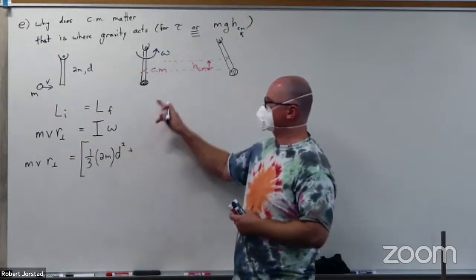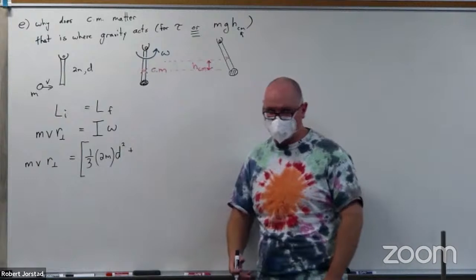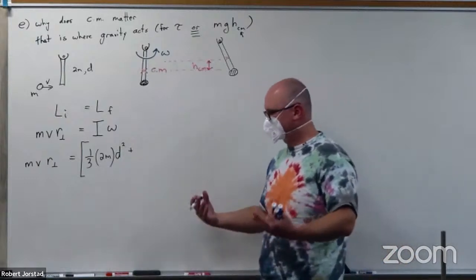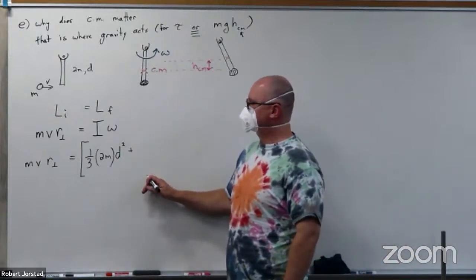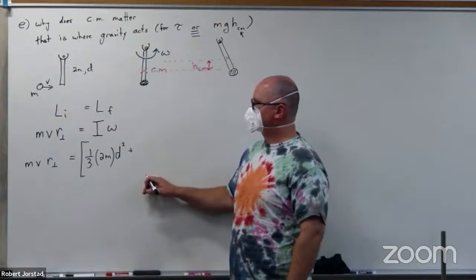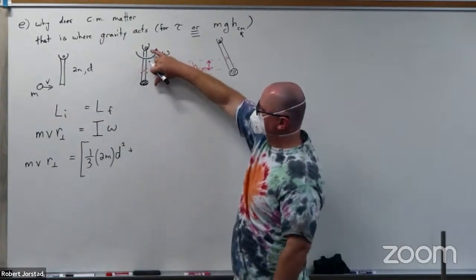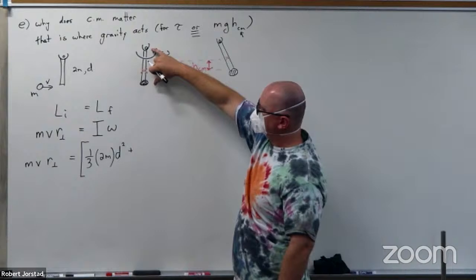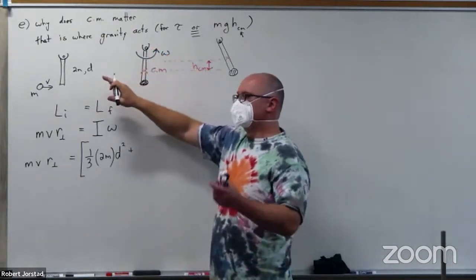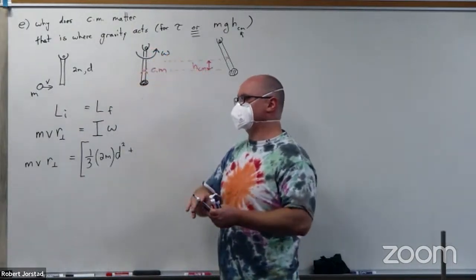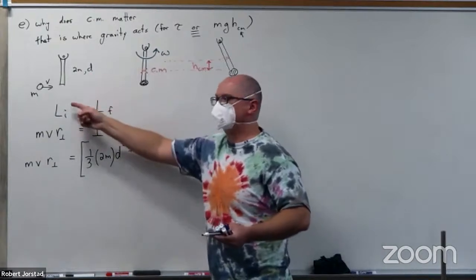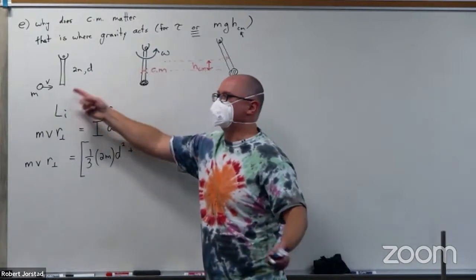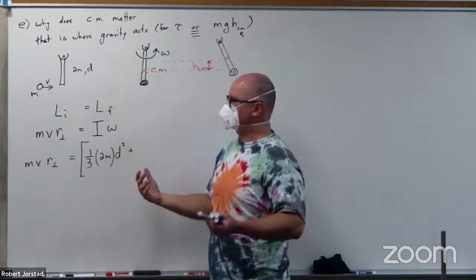What about the point mass? What's the moment of inertia of the point mass in this case? How far is it from the pivot? L, or in this case, notice I start to call the length of the rod d so that I don't get confused between angular momentum L and length of rod L. So I try to do that in this chapter.